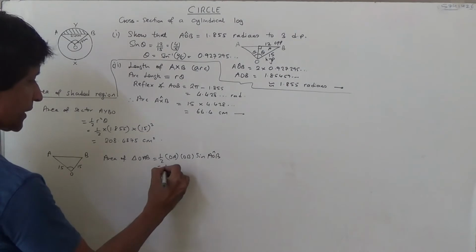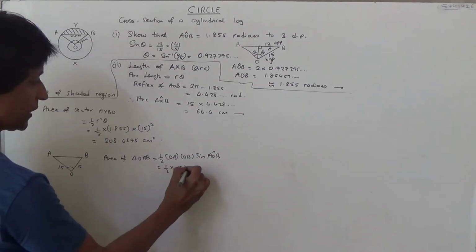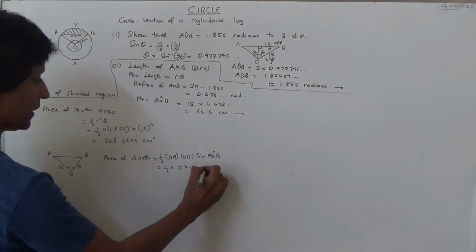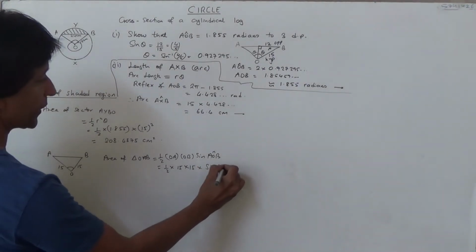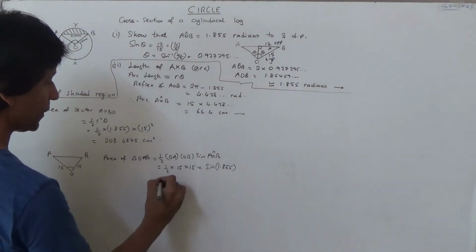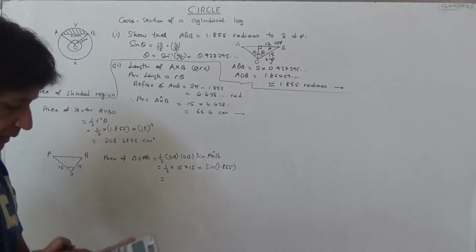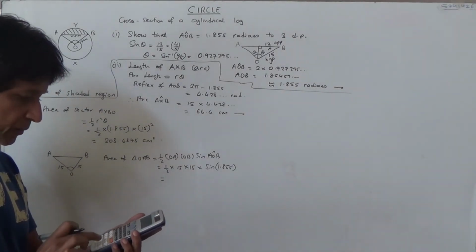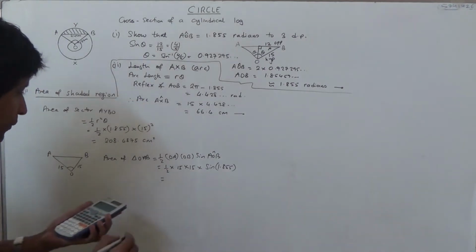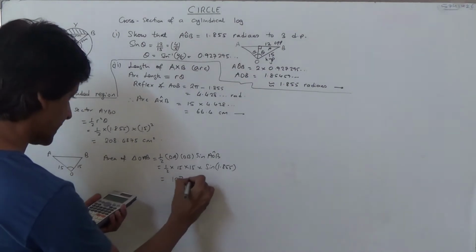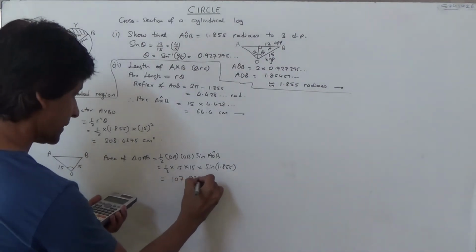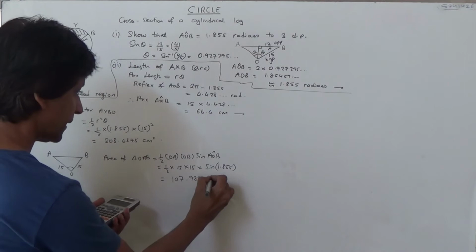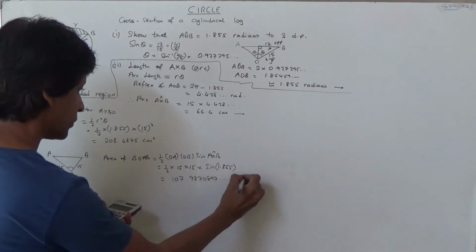In other words, we're saying half times 15 times 15 times the sine of 1.855, and all of that is leading us to 107.9870897 and so on centimeters squared.